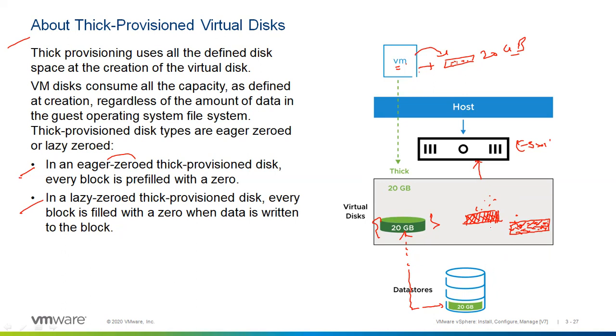So if my data store size is 100 GB, for example, and you create a 20 GB thick disk, it will immediately reduce that 20 GB. Now your available size is 80 GB in your data store.